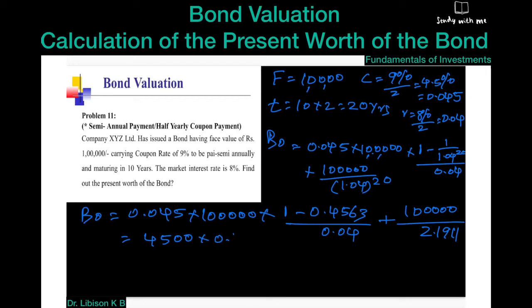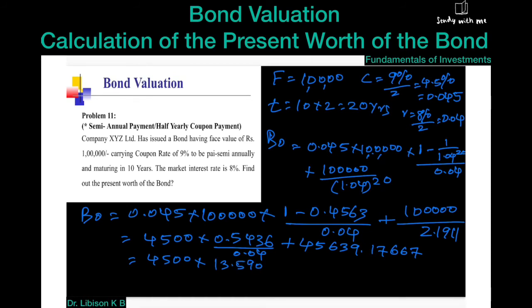4500 multiplied by 0.5436, plus 45,639.17667. Then 4500 multiplied by 13.590, plus 45,639.176. So it becomes 61,155 plus 45,639.176.